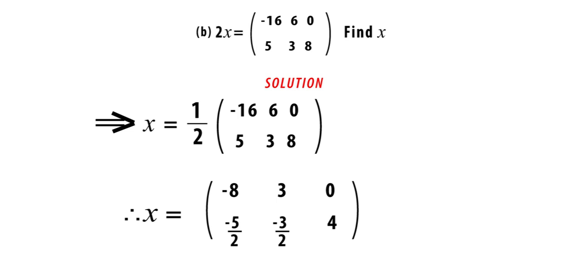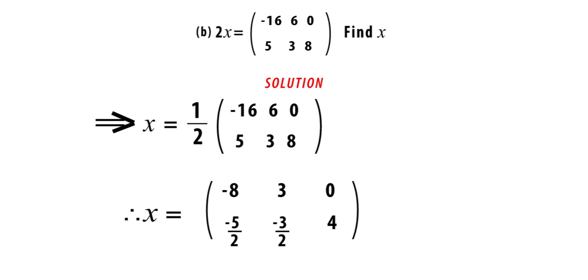When we simplify that, we are going to have X is equal to the matrix -8, 3, 0, -5 divided by 2, -3 divided by 2, and then 4. Therefore, the matrix X is equal to -8, 3, 0, -5 divided by 2, -3 divided by 2, 4.